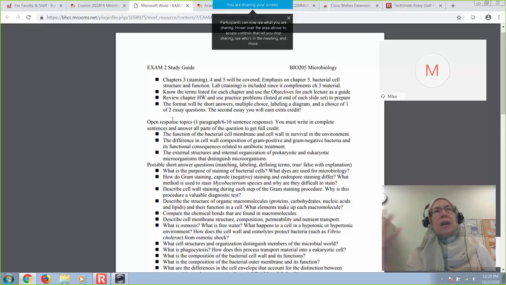But then in chapter 5, you need to understand that all of the microorganisms that we're studying have a cell membrane, and some of them also have internal biological membrane-bound compartments. But they all have those properties of semi-permeability that makes it different from, say, the cell wall or something like that.